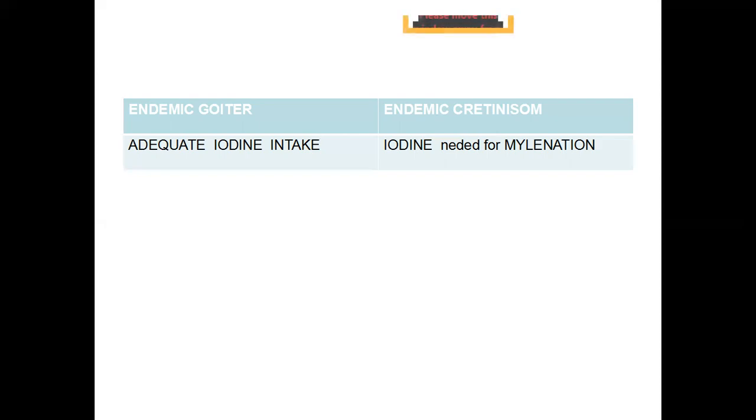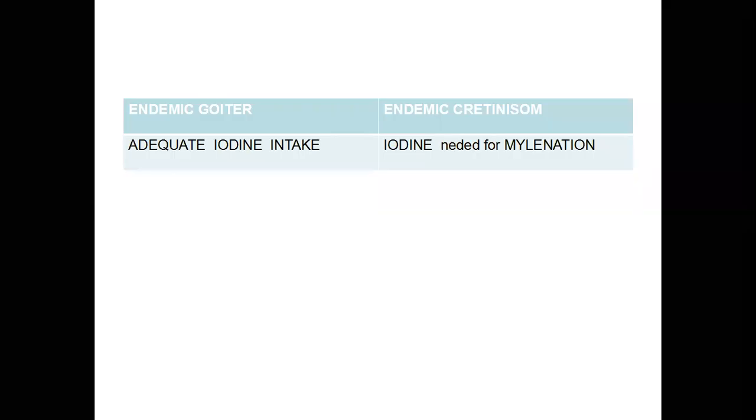But when the euthyroid state is attained, after supplying adequate iodine intake, we can stop the hormone replacement therapy. So in endemic goiter, we need to ensure that the patient receives adequate iodine intake.